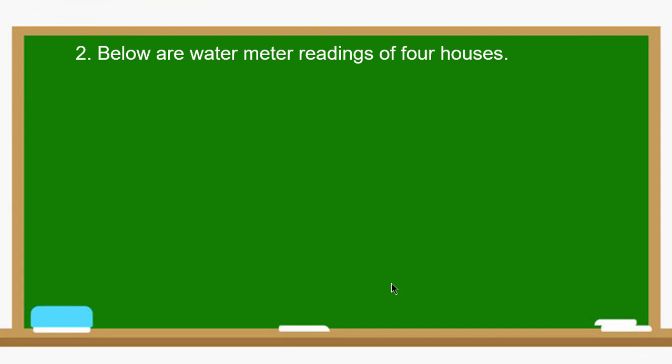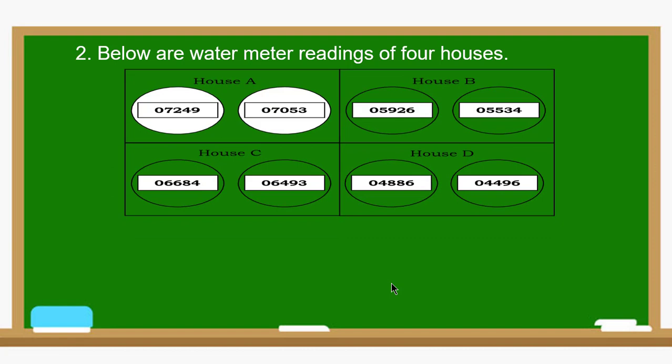Below are water meter readings of 4 houses. House A, House B, House C, and House D. Which house has the lowest water consumption?